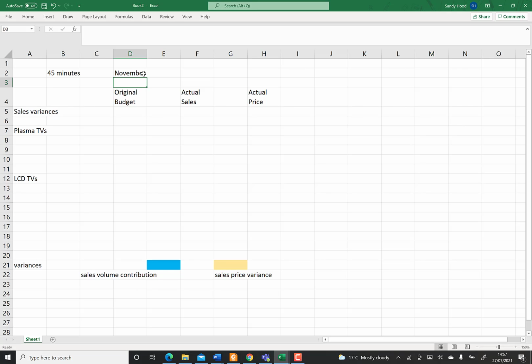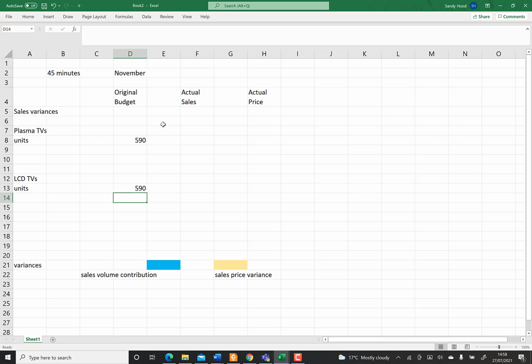The budgeted total sales volume for TVs was 1,180, consisting of an equal mix of plasma and LCD TVs. So in the original budget, the units of each of these TVs was considered to be equal, and so 1180 divided by 2 gives me 590, and presumably 590 would apply to the LCDs.